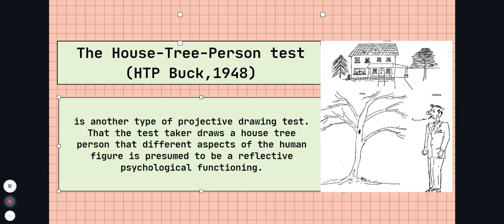In this test, the child is asked to draw a house, a tree, and a person. After the examinee has completed the drawing, a detailed inquiry follows. The examinee is asked to identify each of the figures.